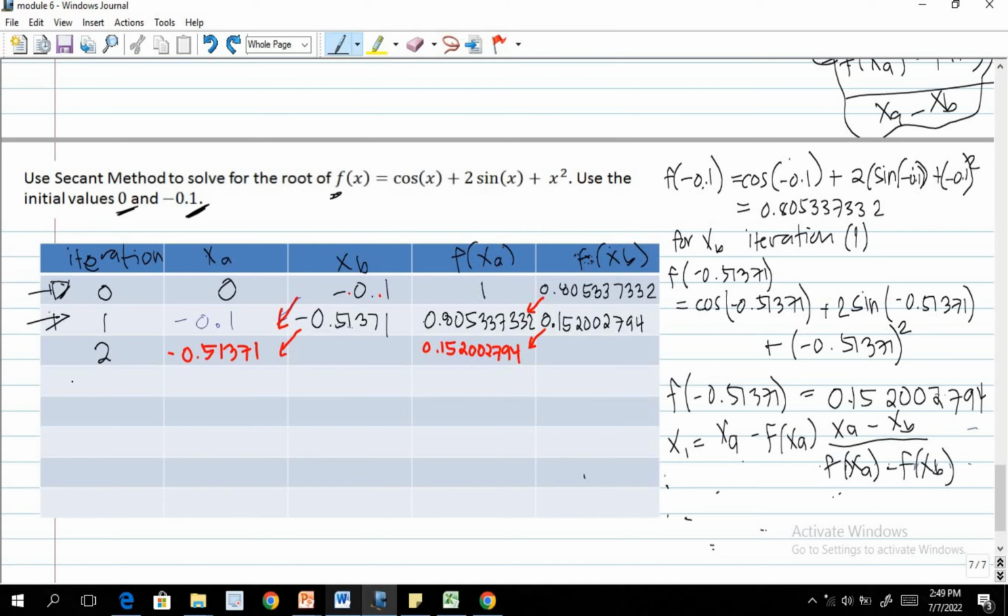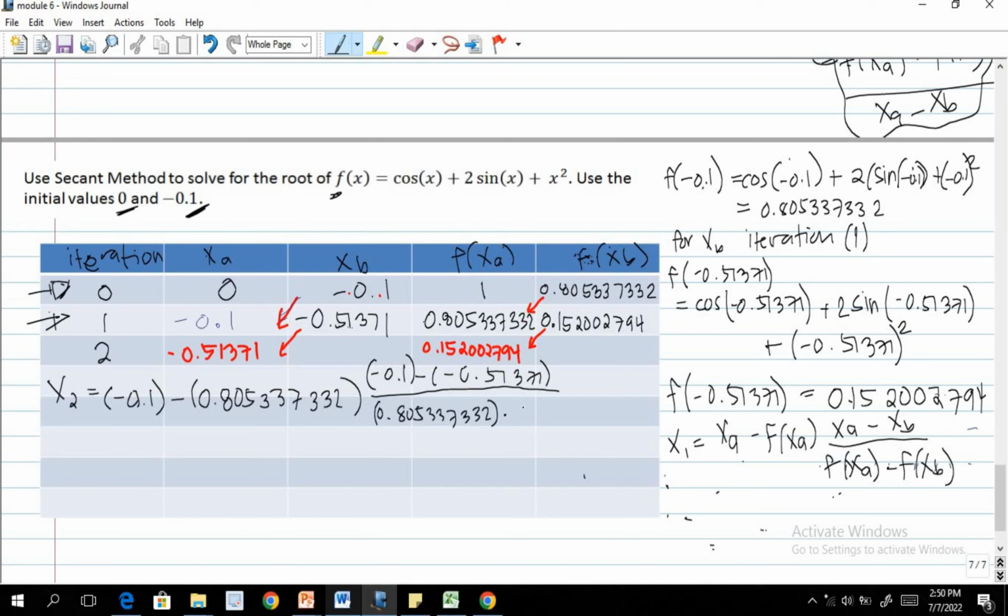So, again, to solve for the value of our x2, that is equal to my xa, negative 0.1, minus the function of xa, that is 0.80533732, multiply it by xa, again my xa is negative 0.1, minus my xb, that is negative 0.51371 over my fxa is 0.80533732 minus my fxb 0.1520027.